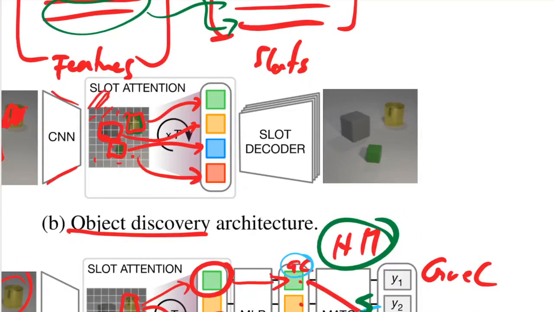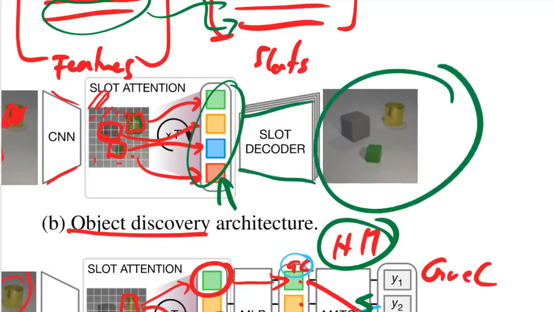What we'll do is run these things through this slot decoder. Now, this slot decoder is very similar to a generator in GANs, for example. It takes a hidden representation as input. The hidden representation here is going to be these slots, and it's going to upsample it into an image.